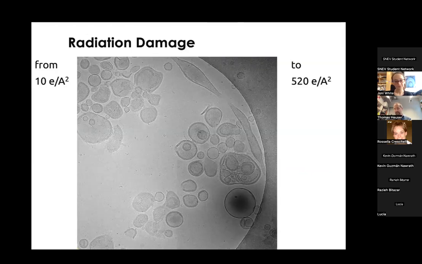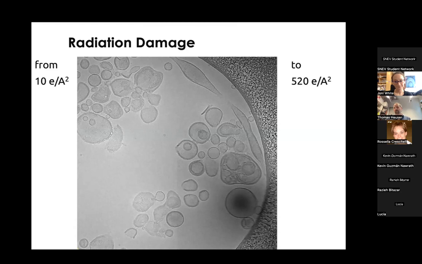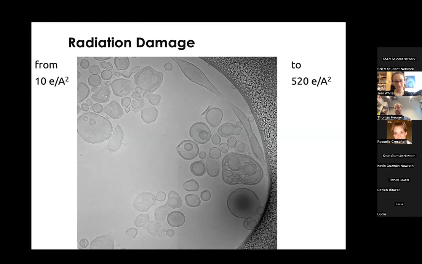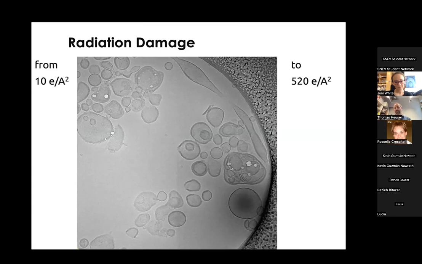So here is what would happen if you take a sample. This is, I have to admit, not an EV sample but a liposome sample, and you would shock freeze it and put it in the microscope. This is pretty much real time, and I hope you can see we're looking at a frozen sample. These images were recorded at around -180 degrees.